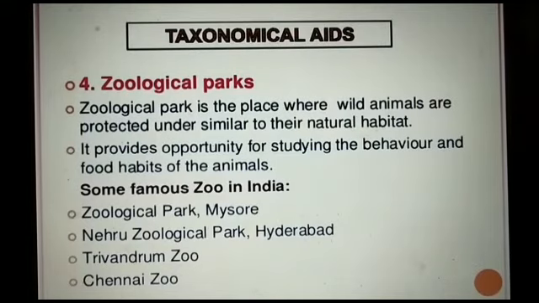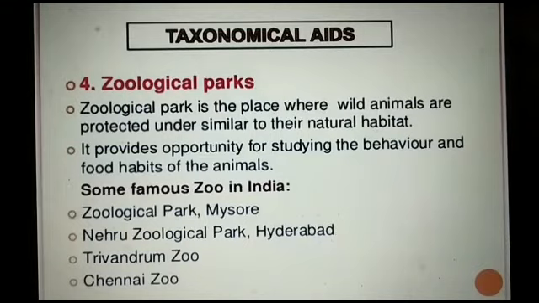And student, a zoological park is a big area where animals are kept under near natural conditions. We provide all the natural conditions for the animals. And zoological parks are often used by people to see and study the animals. They are also meant for breeding of rare fauna.